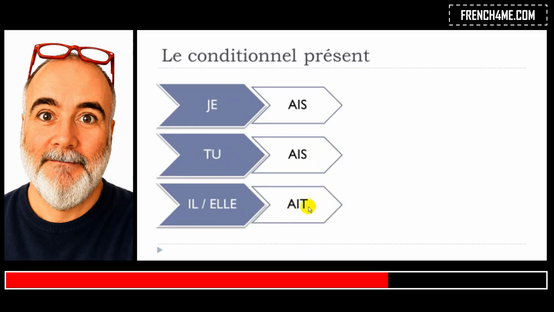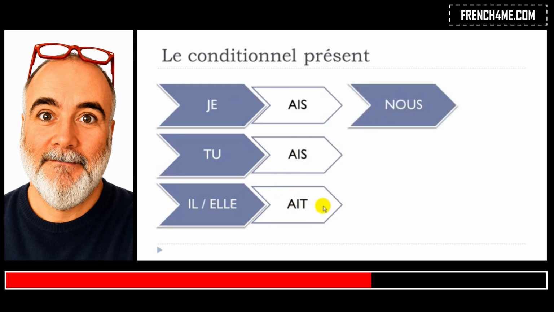The good news is that even if we write them differently, like you see here, we pronounce them the same way. And it goes like eh, eh, eh. All right? So as usual in French, what you pronounce is not that difficult in a way, but then remember how to write them. AIS for je, AIS for tu, AIT for il, elle.